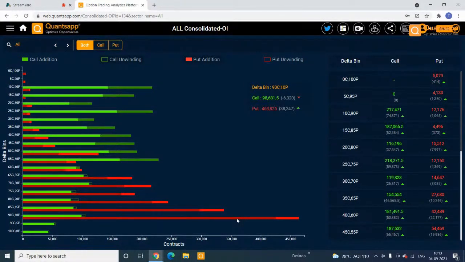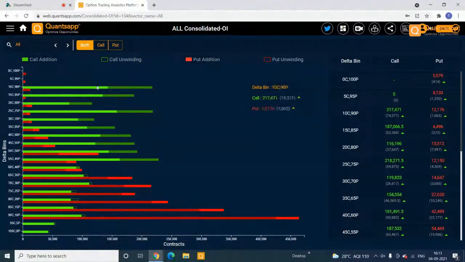The 10 put has 4,63,825 contracts, wherein 38,247 were added on that day itself, on Friday. So here you have the OI and the change in OI, both in contract terms.